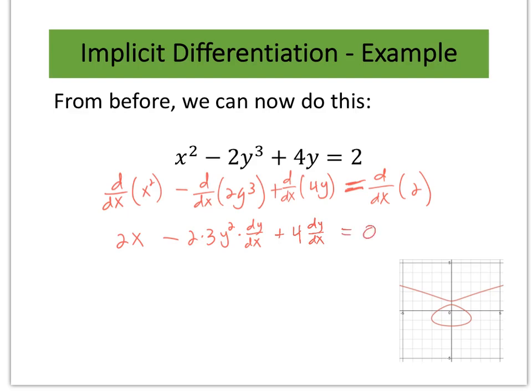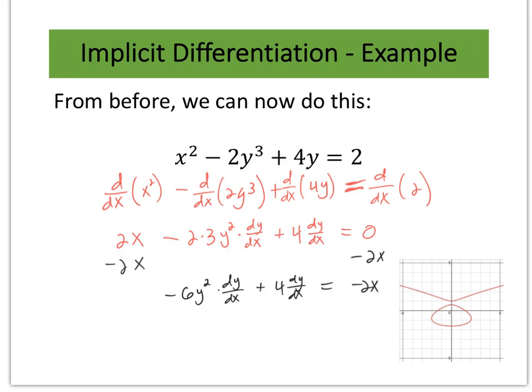And when we get to this stage, I'm looking for the derivative dy dx. That's what I'm solving for. I'm looking for dy dx, and I'm almost there. I'll just need to do quite a bit of algebra to get there. If I subtract 2x from both sides, I get negative 6y squared dy dx, and I get 4 dy dx equals negative 2x.